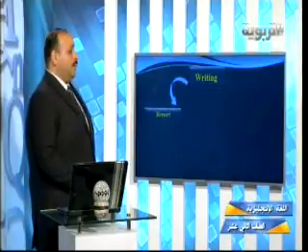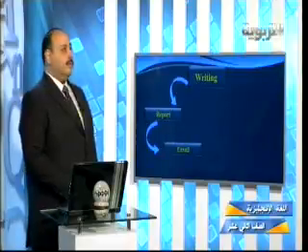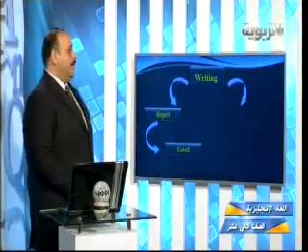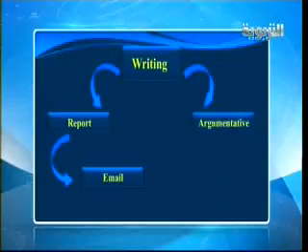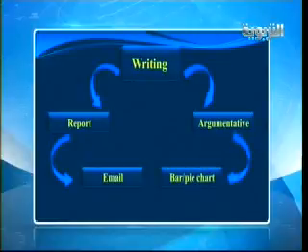When we write, you may write a report, then you may also write an email, then you also will be asked to write an argumentative writing. It's about 2 different views or 2 different points. And then the other type is the pie chart or the bar chart. These are the types and the forms of the writing that we're going to deal with.